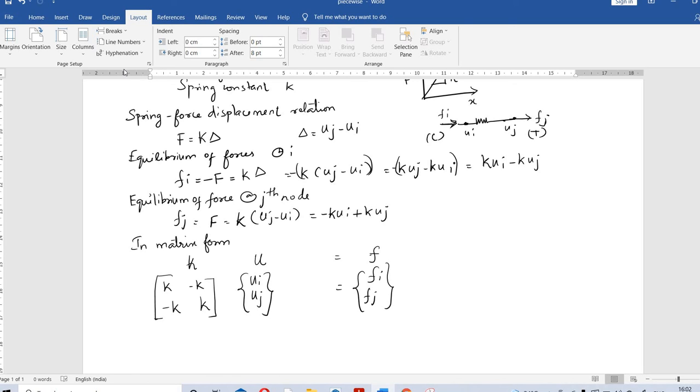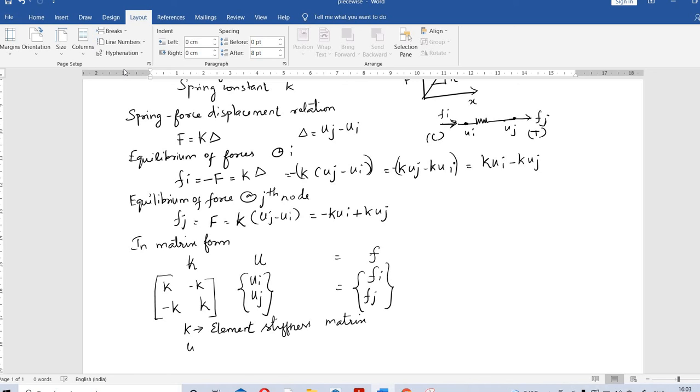When you come to a number of segments in a structure, you will find many K matrices, U vectors and force vectors, where K is the element stiffness matrix. I think you have already studied this in advanced structural analysis. It is nothing but the stiffness matrix method.